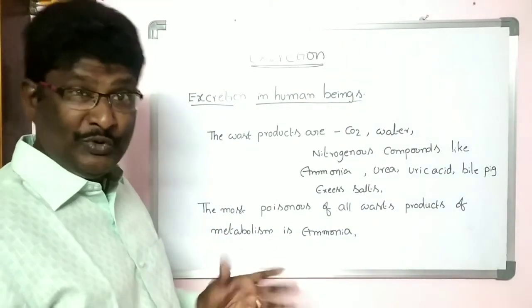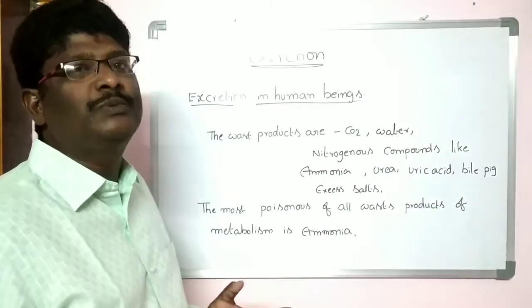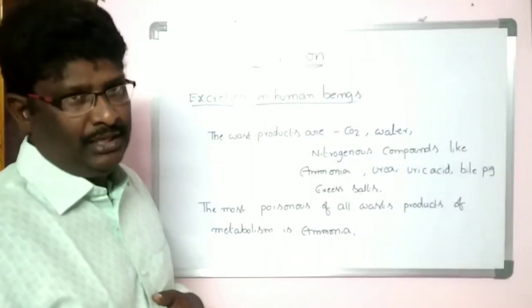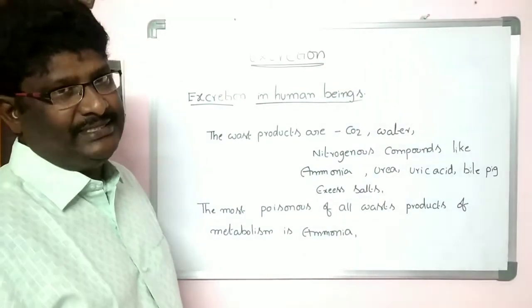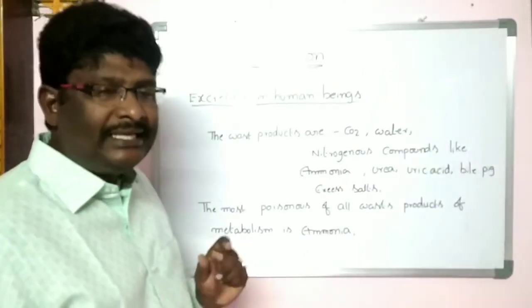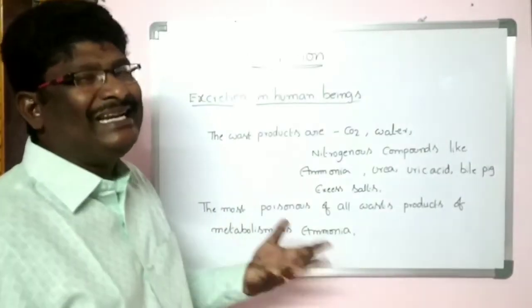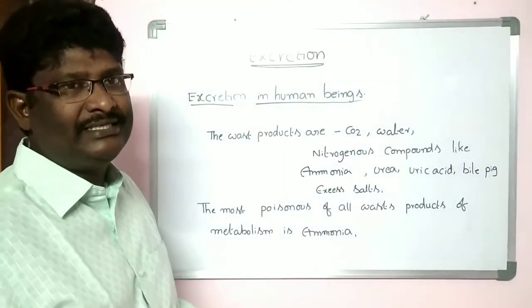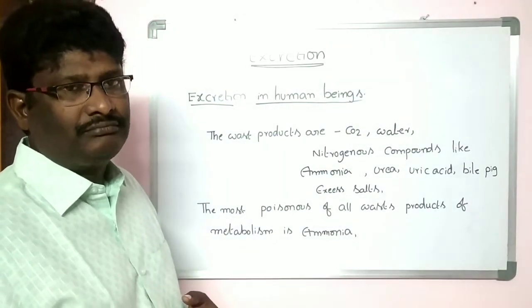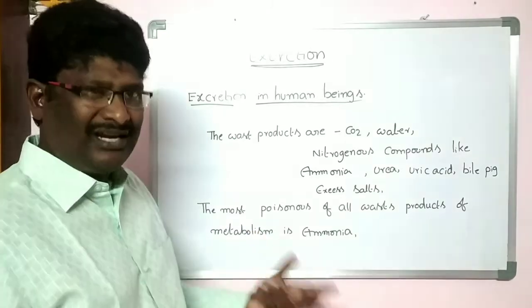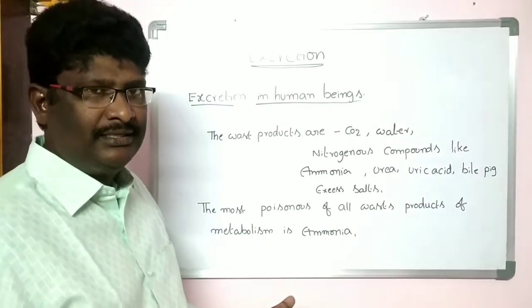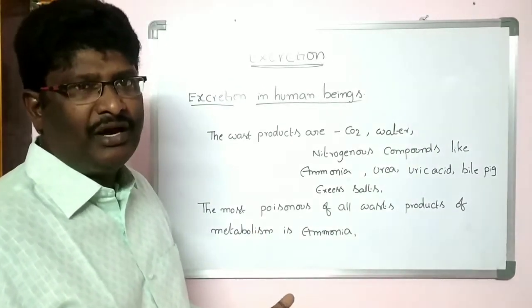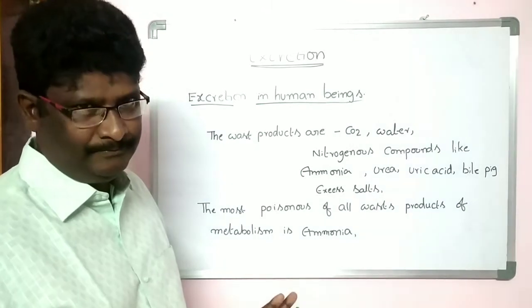Sometimes useful products are produced, and they are used by the body. But the unwanted substances should be sent out from our body. Otherwise, they may convert into toxins, and then the living organism may die.